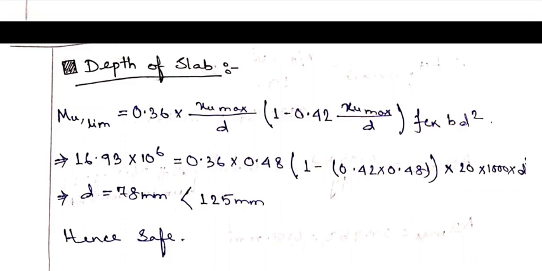So we have our value for ultimate moment, that is 16.93 into 10 to the power 6 equal to 0.36 into xu max by d.